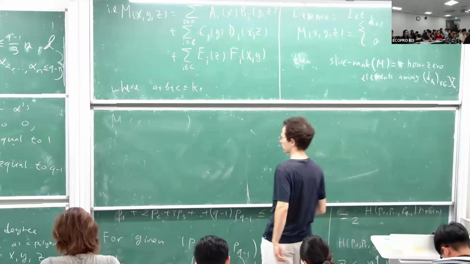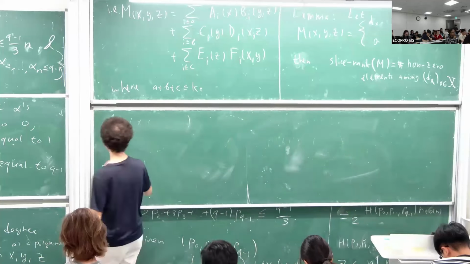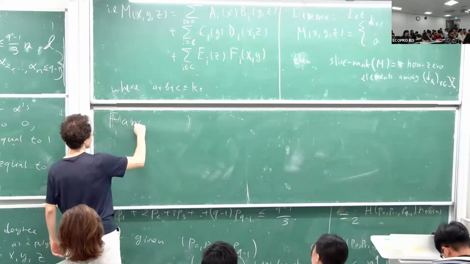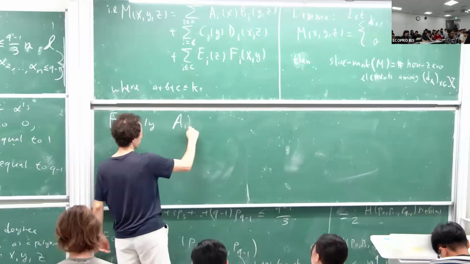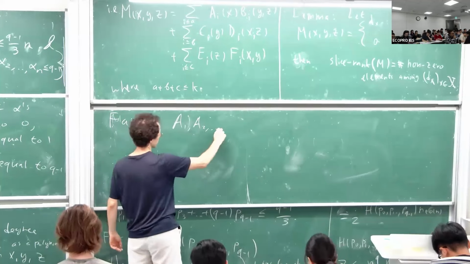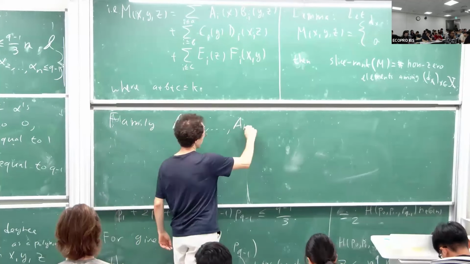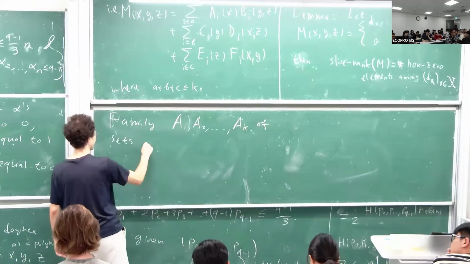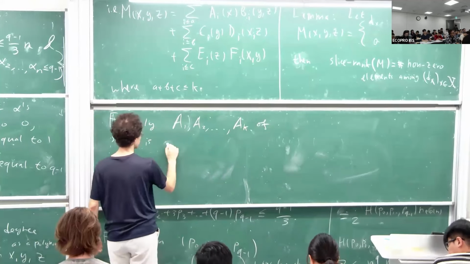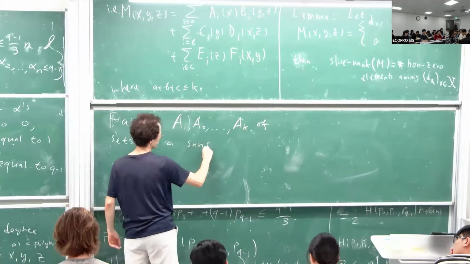So what's a sunflower? A family, say A1, A2, up to Ak, of sets is a sunflower.